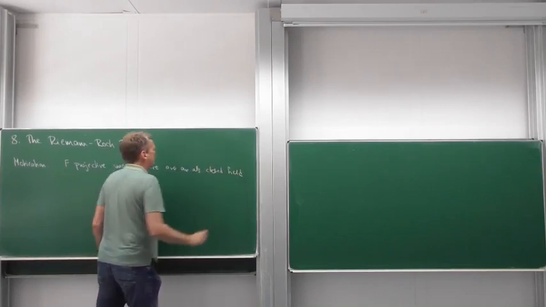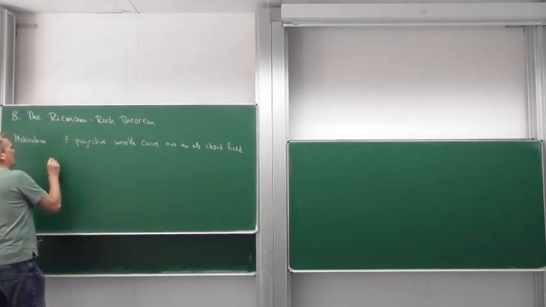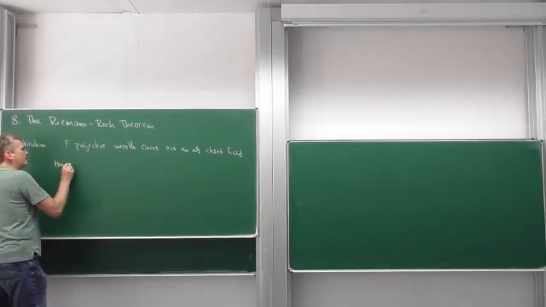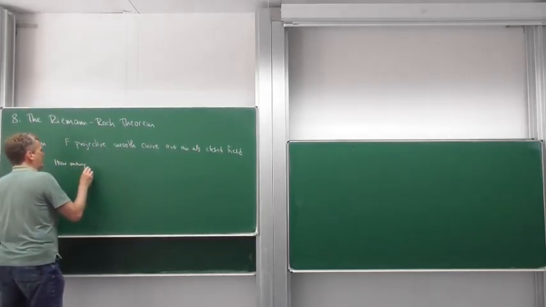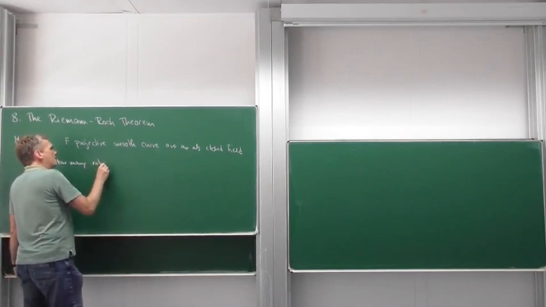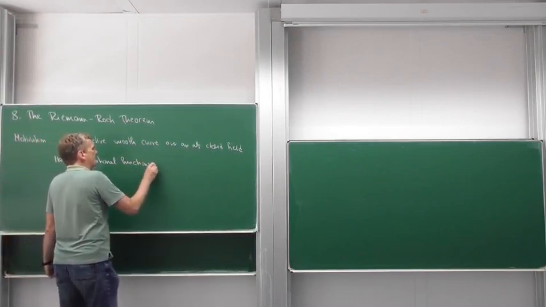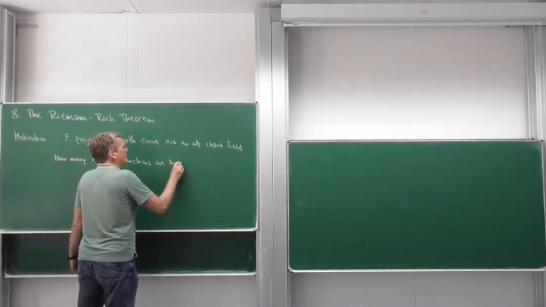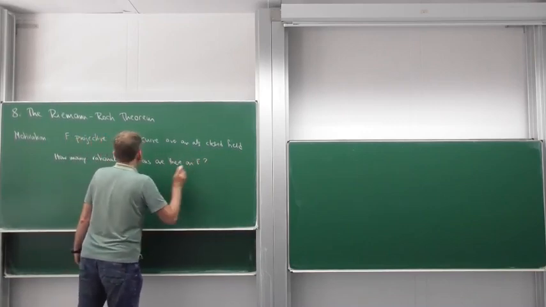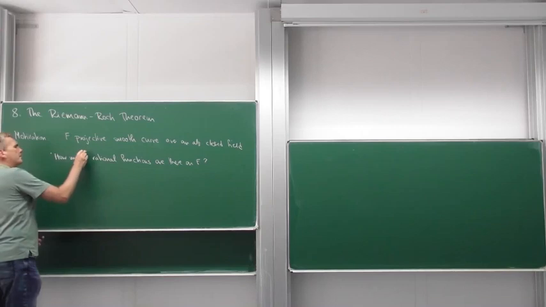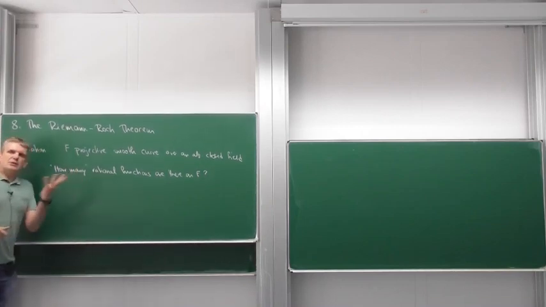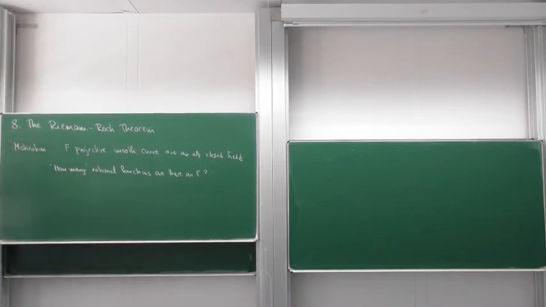And informally speaking, the question is about how many rational functions are there on F. And this how many is to be put in quotes, because the question is, how can we make sense of this question?